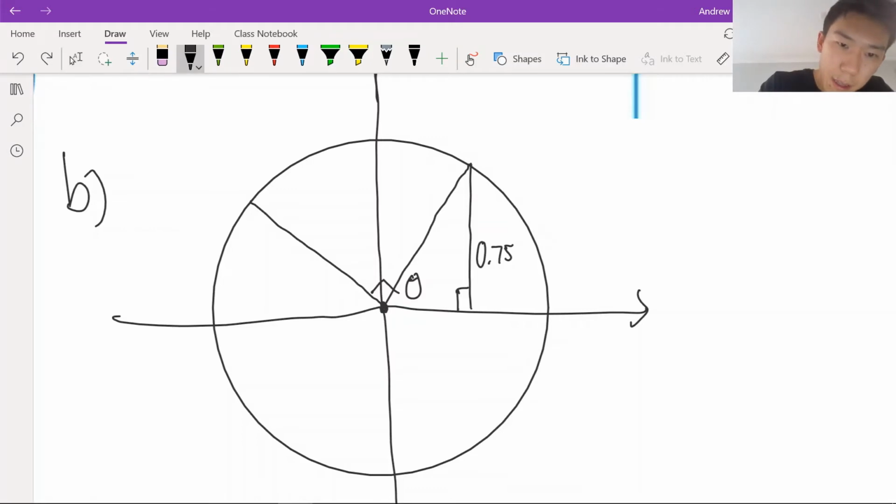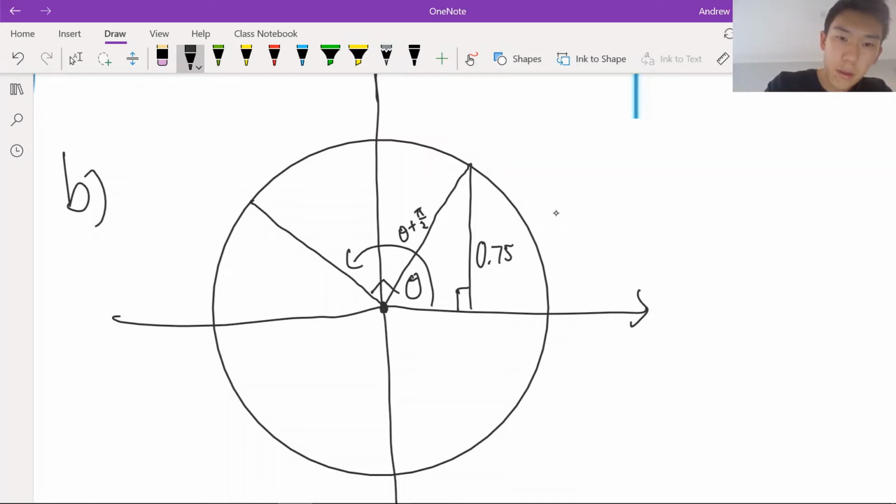And then this angle here would be, wait, no. Oh, this is annoying now. So then this angle all the way around here would be theta plus pi on 2, theta plus 90, right?